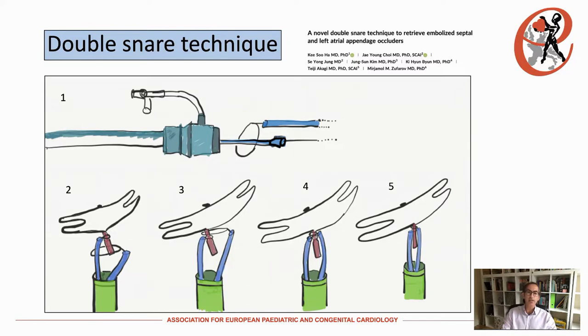Next, tighten and secure the second snare distally to the first snare, like in picture 4. Once they are both secure, adjust the length of both snare catheters and pull the first snare slowly while pushing the second one. This will be enough to align the micro screw with the sheath, so it can be retrieved without latching of the tip on the tip of the sheath.